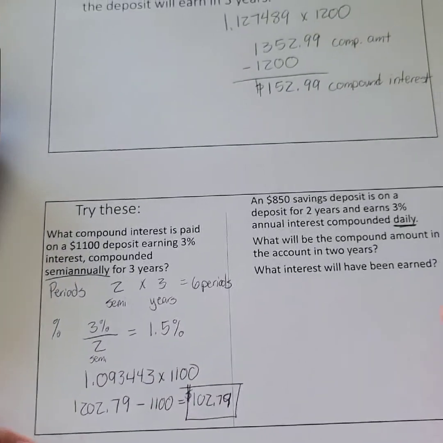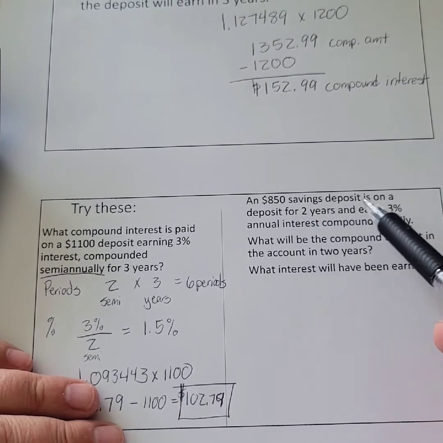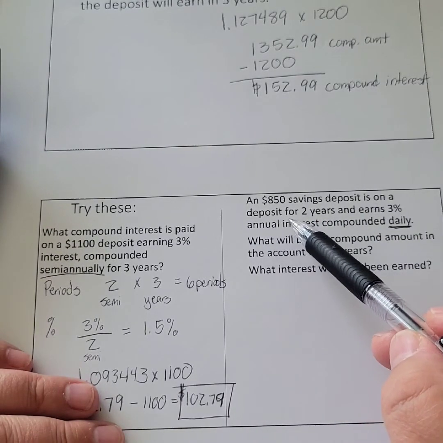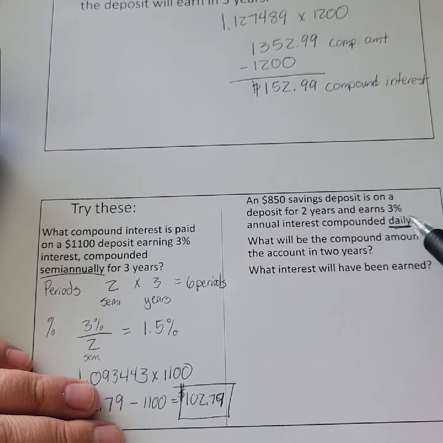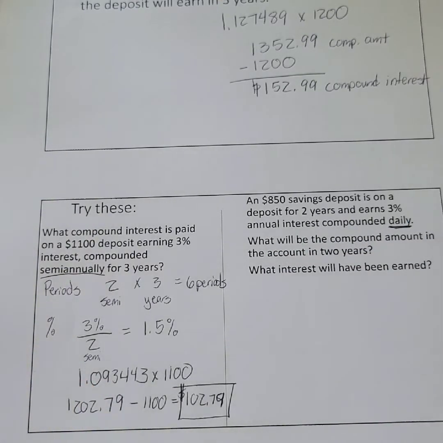Okay, so then we have an $850 savings deposit for 2 years and earns 3% annual interest compounded daily. Okay, so we get to use the daily chart, which we love that.